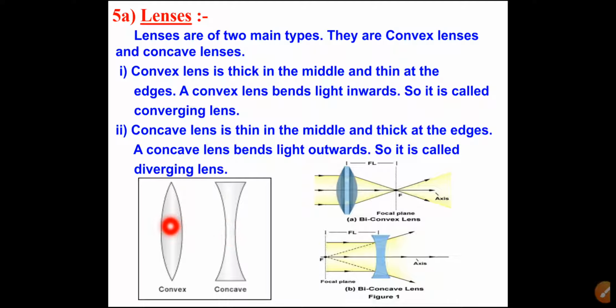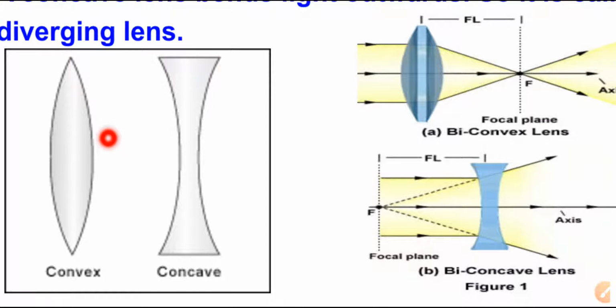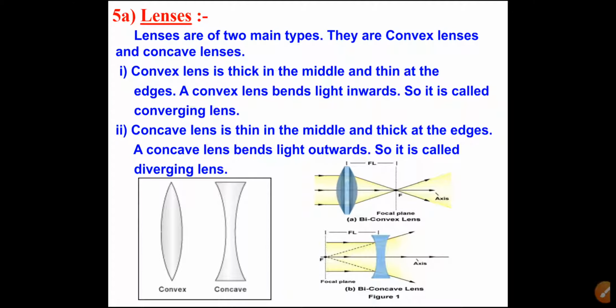So in the convex lens, you can see this convex lens is thick at the middle and thin at the edges. Here it is thin, and at the downside edge also thin. See here, in the middle it is thick and at the edges it is thin. So this convex lens bends light inward, so it is called a converging lens.